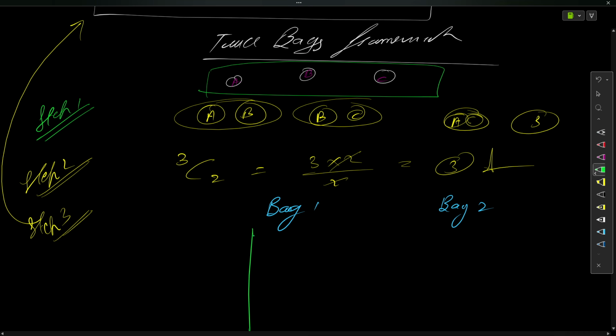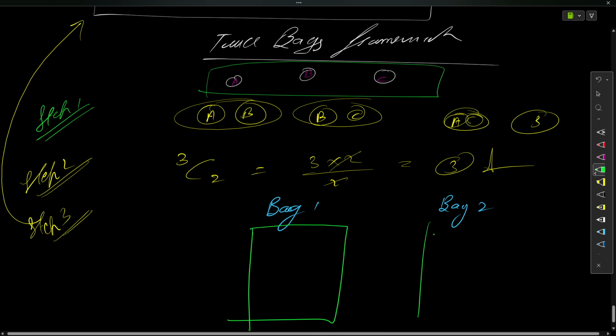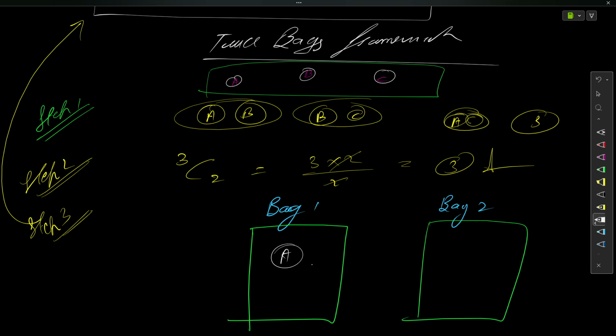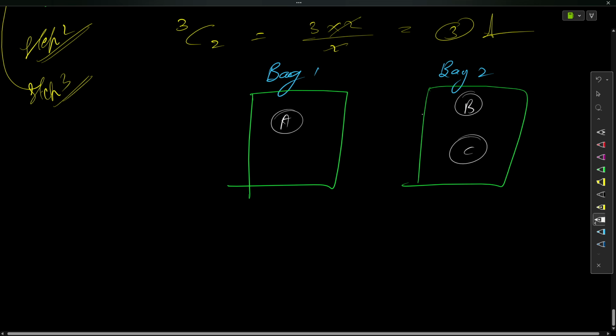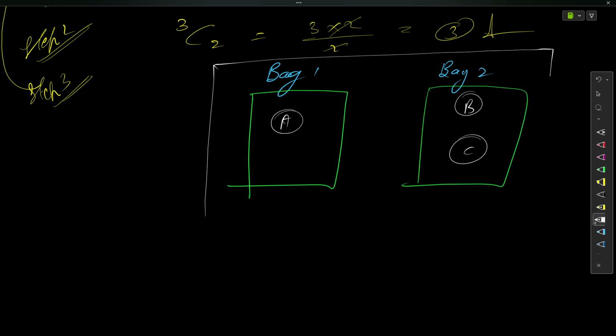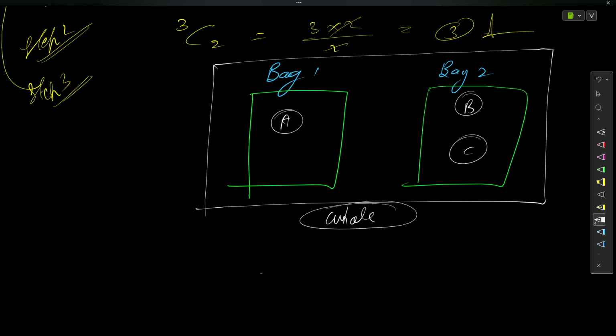Let's say that I transfer a single ball A to bag 1 and the rest of the two balls, B and C, to bag 2. Vandermonde's identity takes both of these bags as a whole pool, so we are analyzing it as a whole.